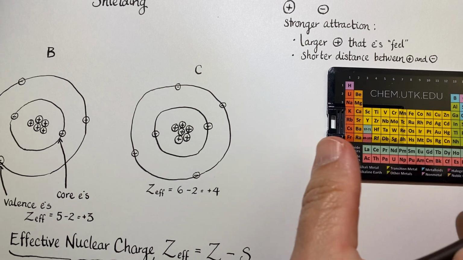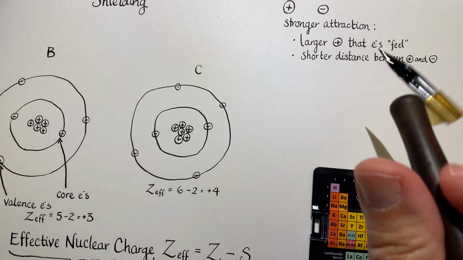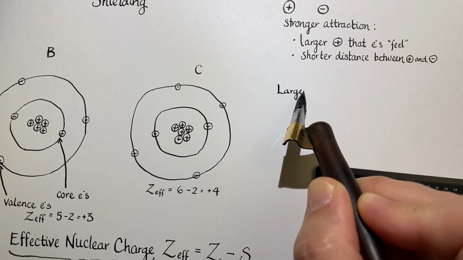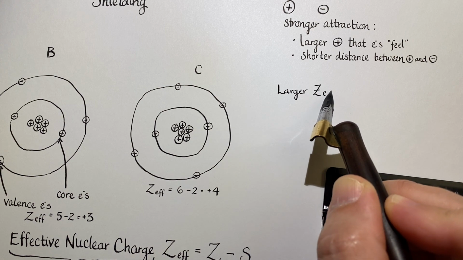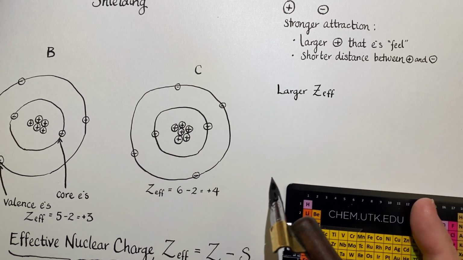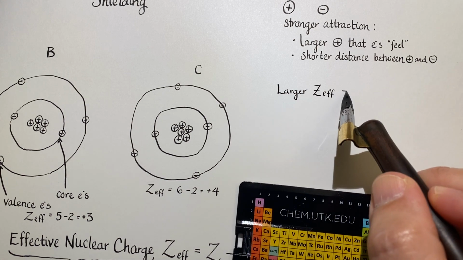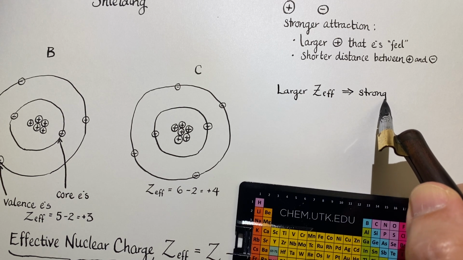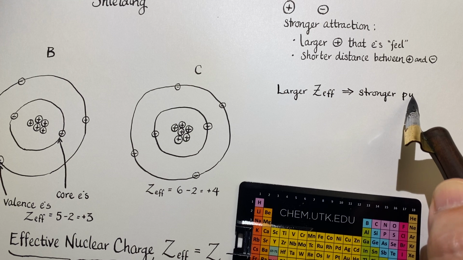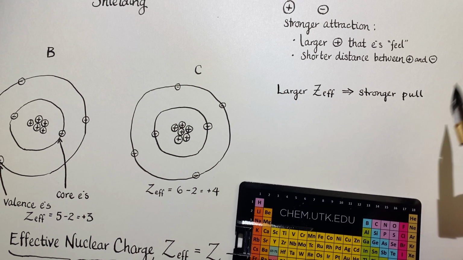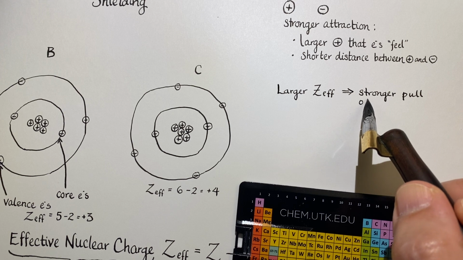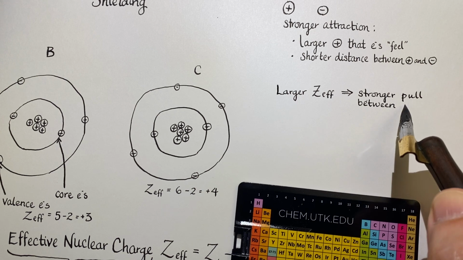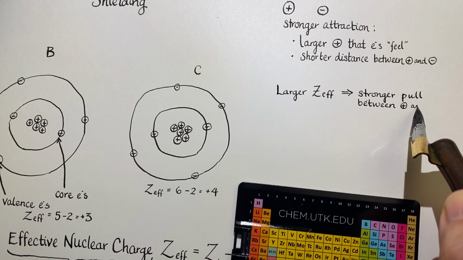And so we have this larger effective nuclear charge results in this stronger pull interaction, okay, between the protons and the electrons.